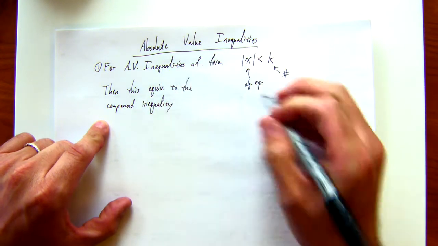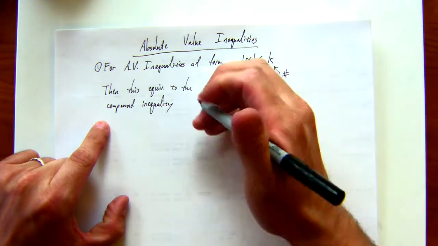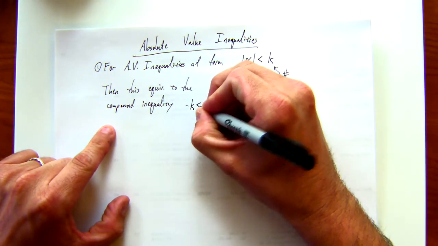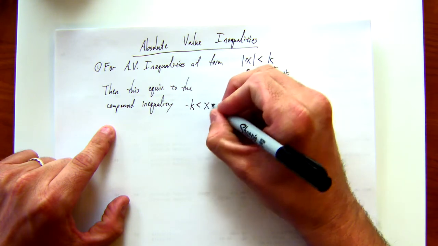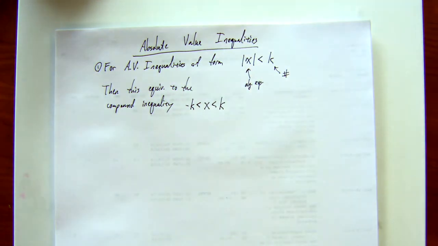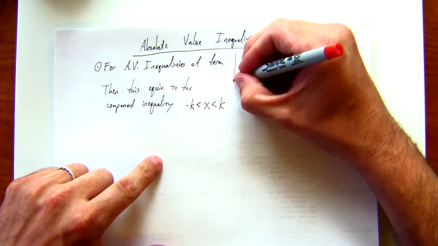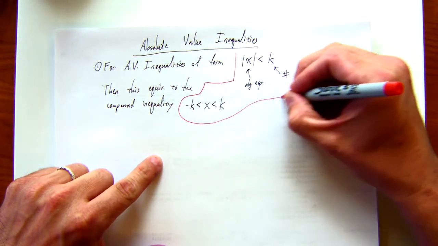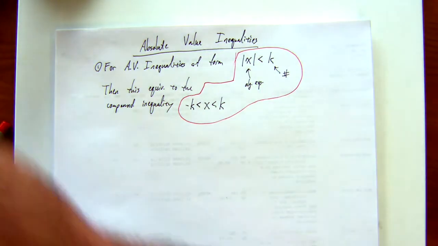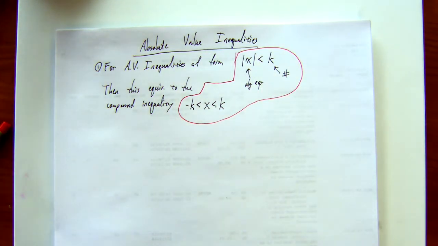That's why we learned that before we learned this. Negative k is less than your expression is less than a positive k. So I'm going to circle that in red. The next one I'll do in blue.